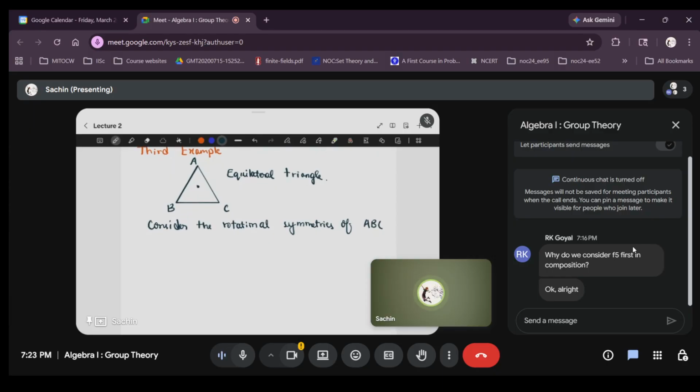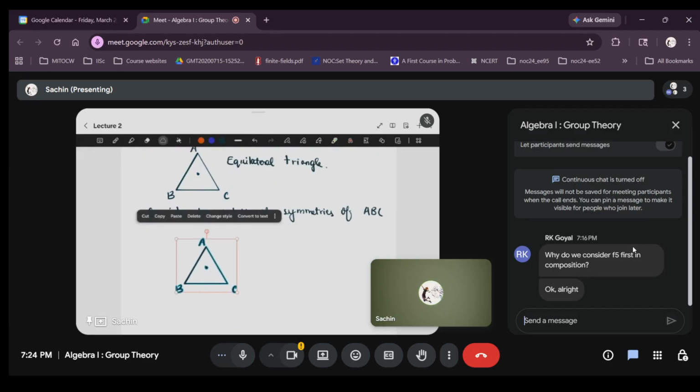What I mean to say is you can take this triangle ABC and you can rotate it like this. Now these two triangles you can actually place one on top of each other so that you couldn't distinguish between the two shapes.